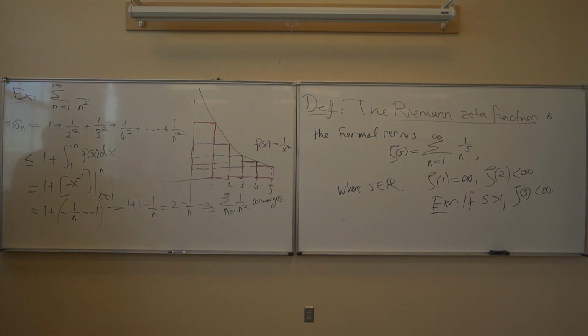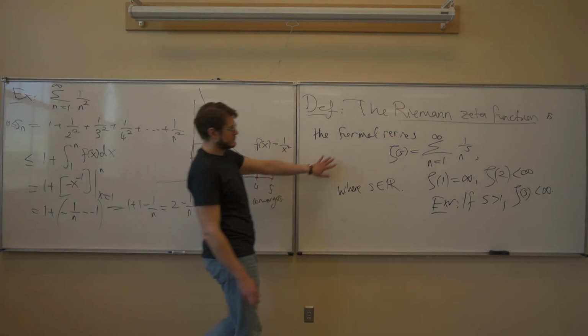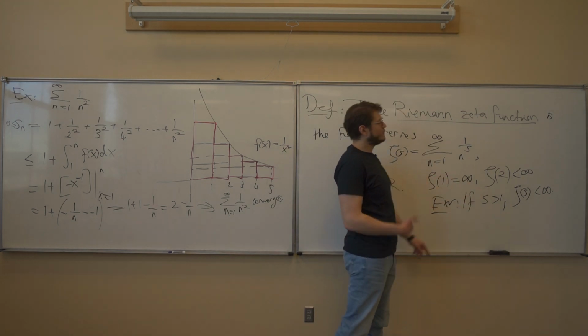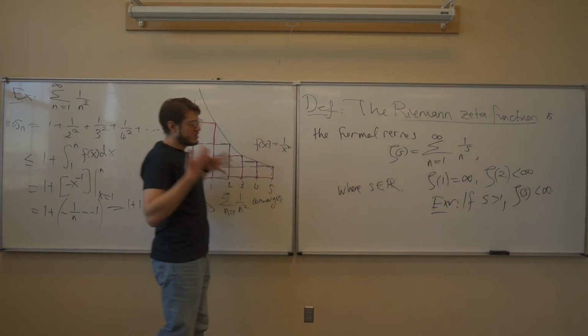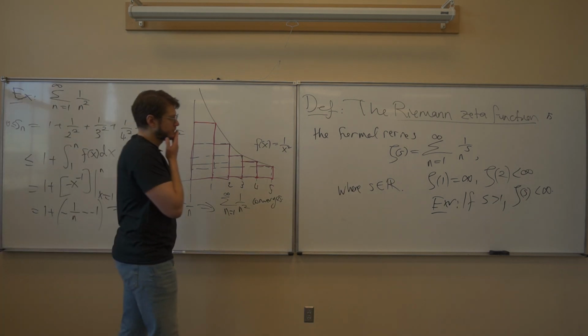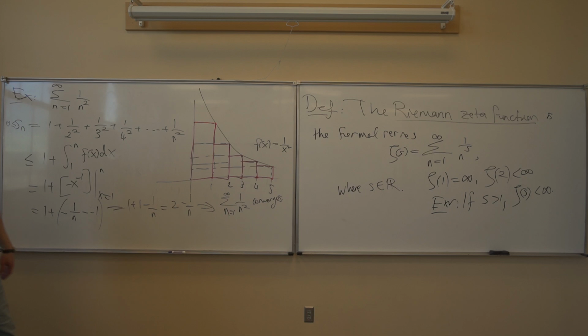So somehow the poles of this function, or this formal series, where it blows up, as well as where its zeros are, are important pieces of information. Any questions about this?